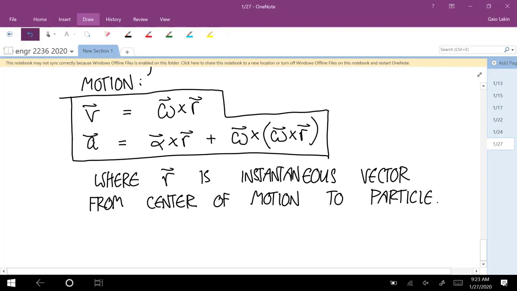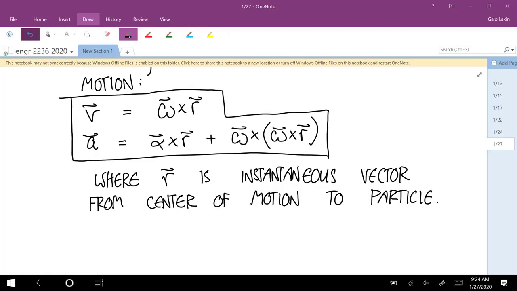So notice that what you saw in physics 1 was that the magnitude of the velocity, the speed of an object, was equal to the radius of the circular path times the magnitude of the angular velocity.